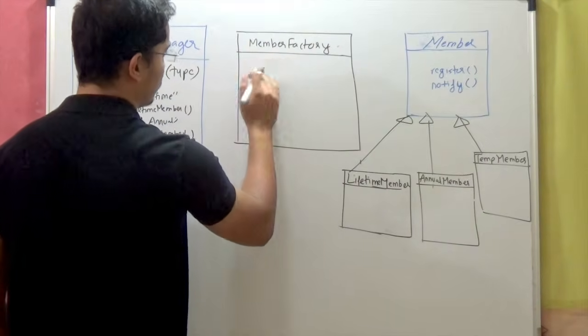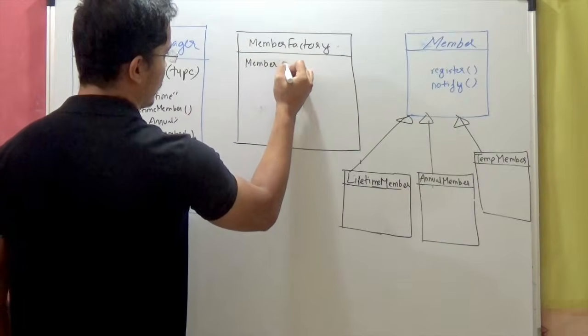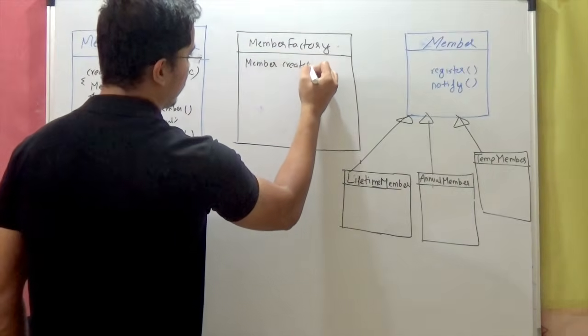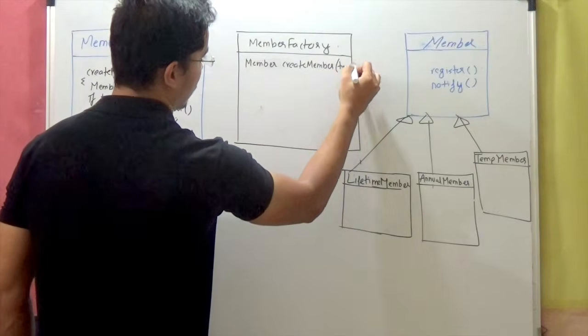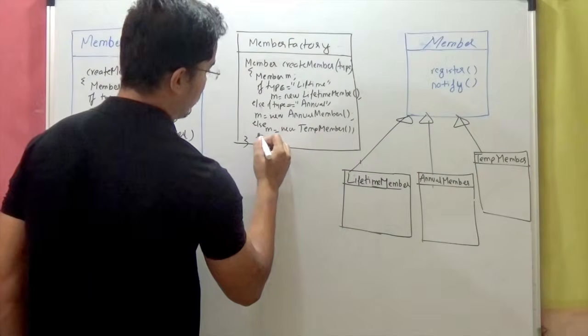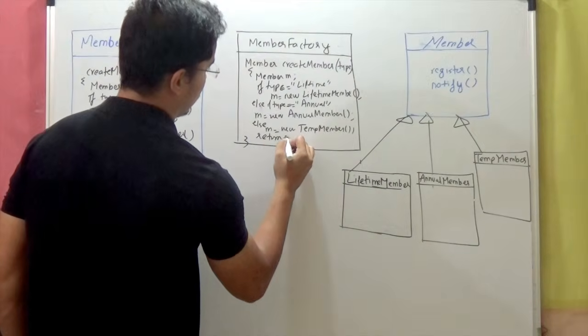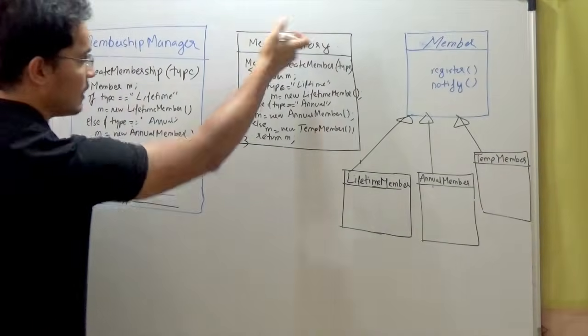The return type will be member and the method name is create member, and it will have a type argument, right? And this entire piece of code will move here, return m, right? So we have shifted this logic into this class.